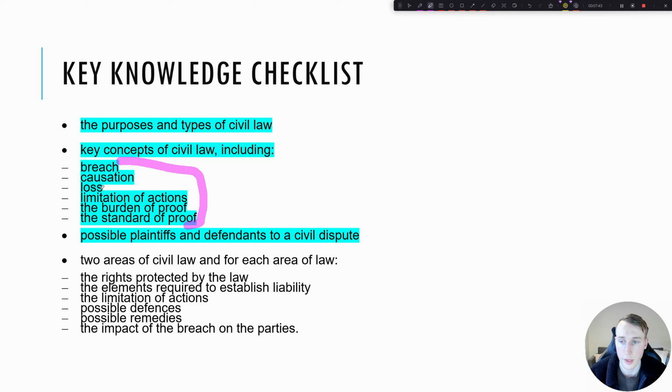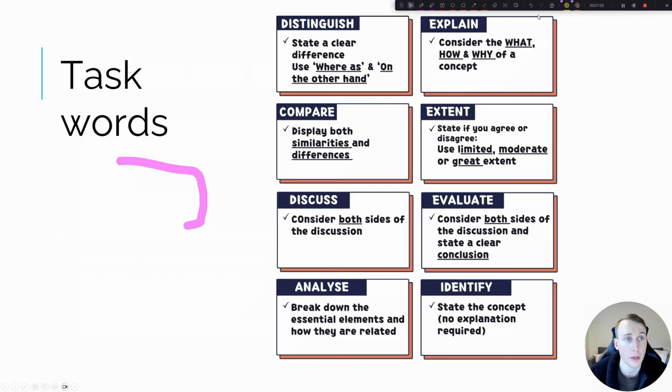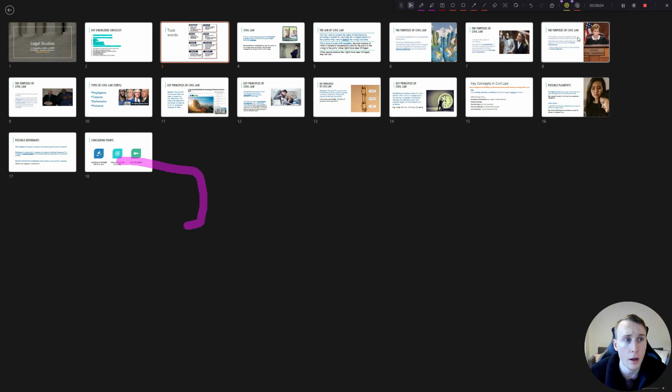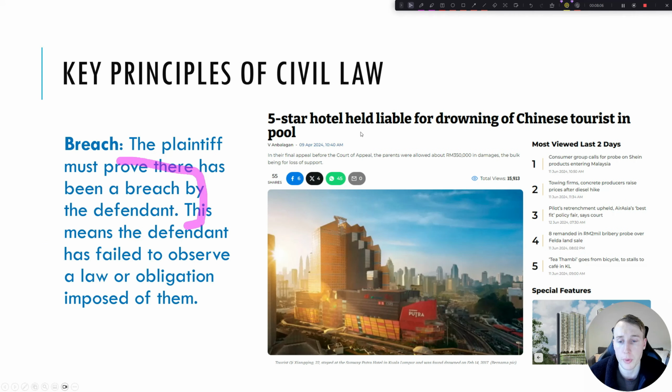So, in a case study, can we identify the loss that has been suffered? Can we identify which party has the burden of proof? My advice for this one is get some flashcards or some cue cards, whatever works for you, and get a really clear definition of each of these down, because chances are you'll be having to apply them to a particular case study.